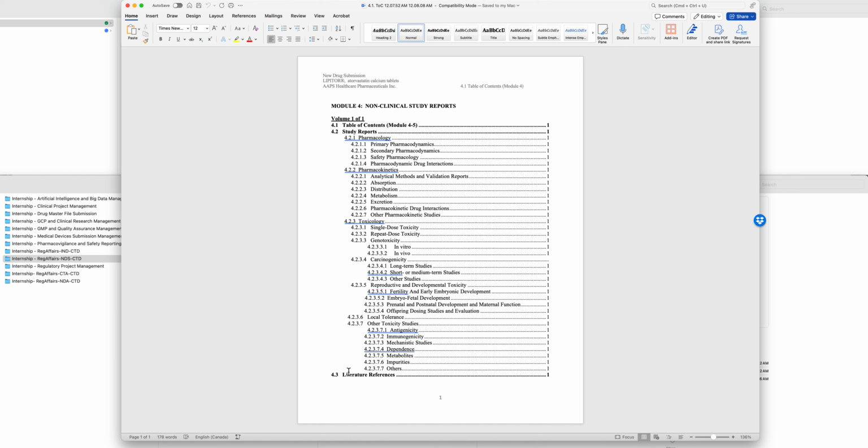And at the end, in Module 4.3, you will have to add the literature reference, the list of references that you use. So this is, in a nutshell, the table of contents for Module 4, which is non-clinical studies.